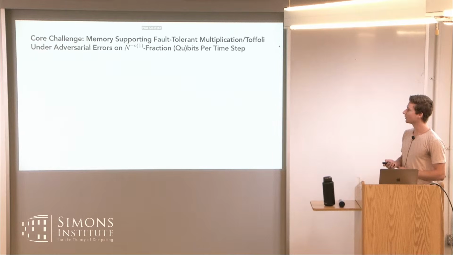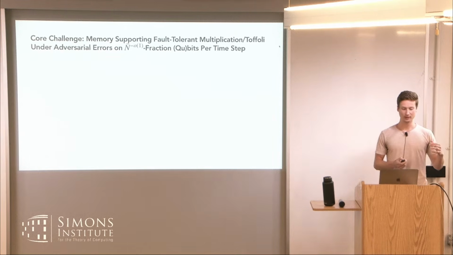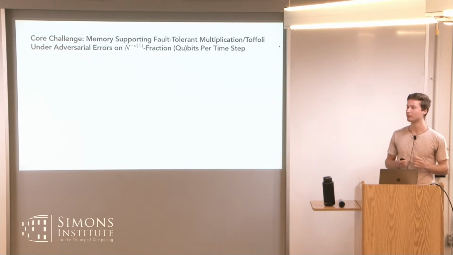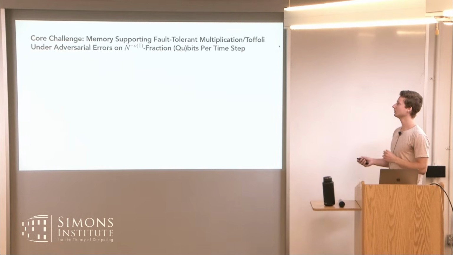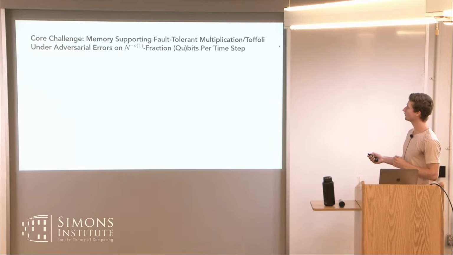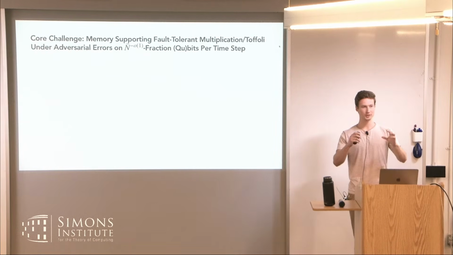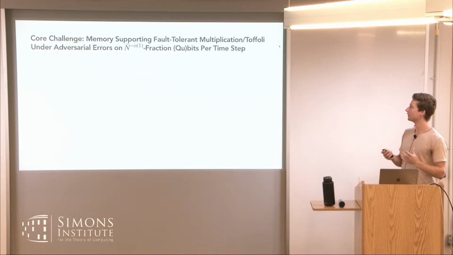And what goes wrong? Why does everything here fail? The core challenge is that we want a memory with the ability to perform a fault tolerant multiplication or Toffoli gate. If there's one gate you want to get universal computation, classically it would be multiplication, and quantumly it would be Toffoli. Toffoli is just when we multiply 2 qubits and add them into the third qubit. So really just performing multiplication.